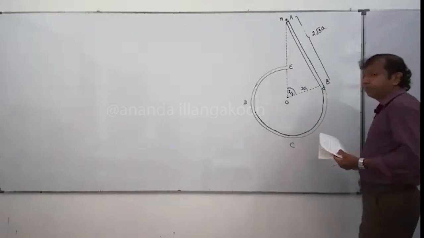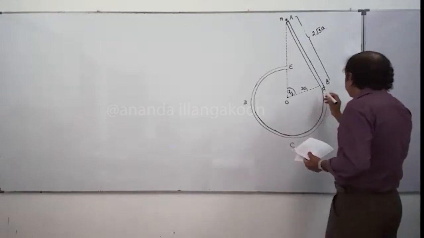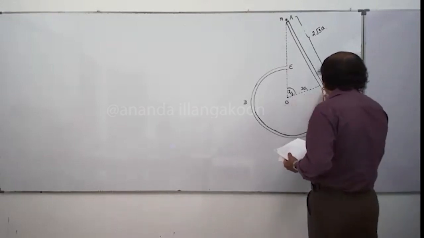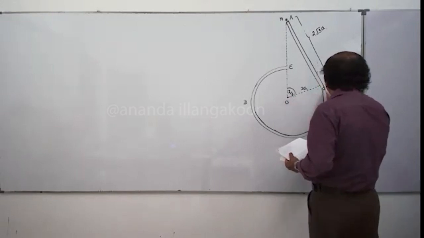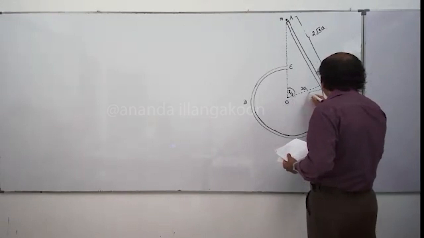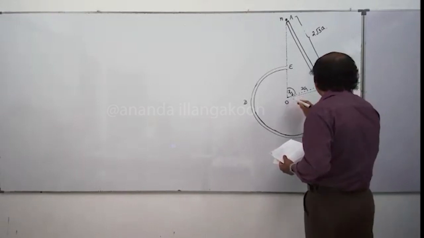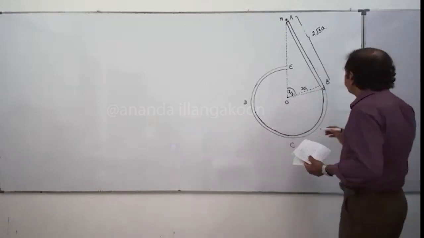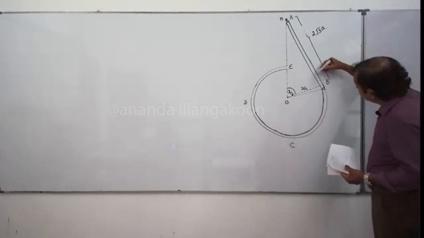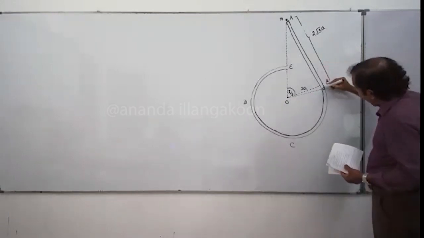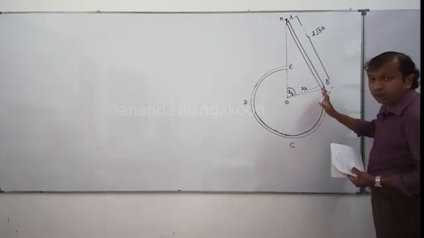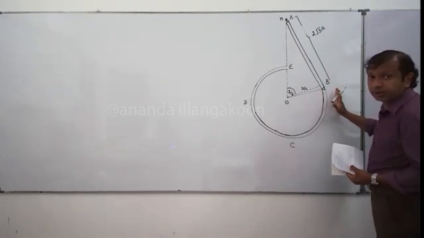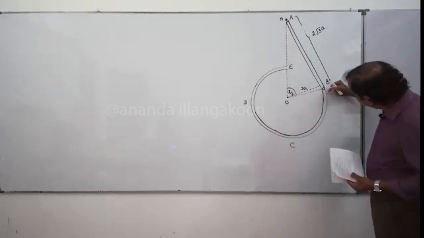Therefore, I'll draw the particle here. Then the normal reaction comes. Now, when the particle comes into the tube, it makes contact with the outer surface of the tube. That means the particle makes contact inside this surface.